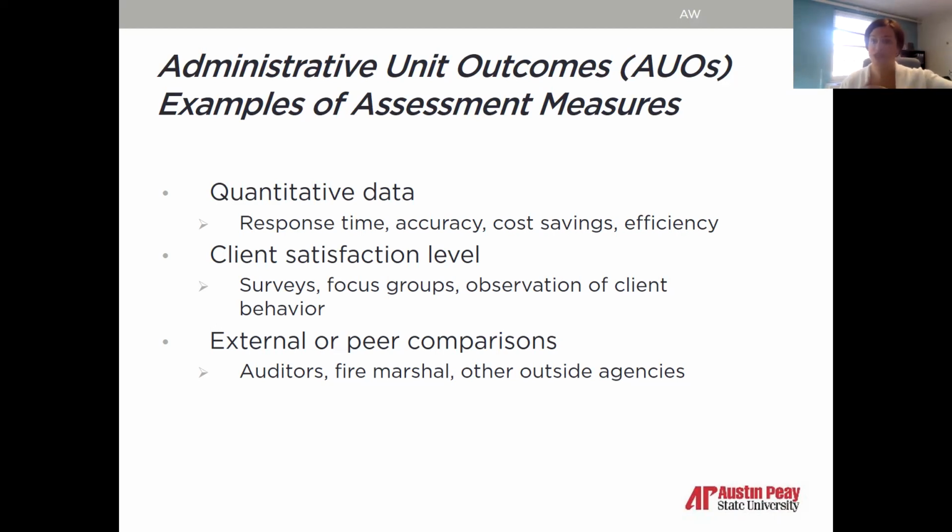We get a strict set of standards from THEC, so part of our IE plan is how well we foster compliance with those standards. Sometimes it's outside agencies that you're working with, and you can create a measure and outcome, or maybe they do it for you in a way that helps you do that. That applies to a lot of administrative offices in different ways.